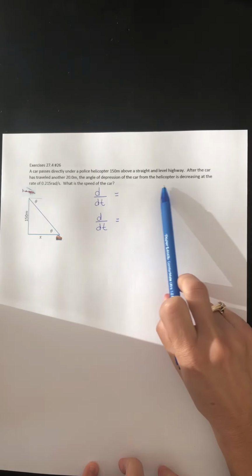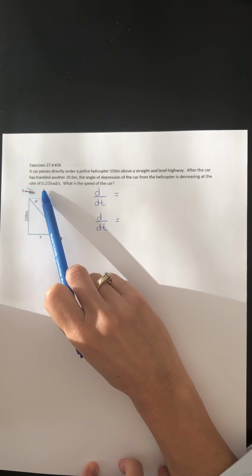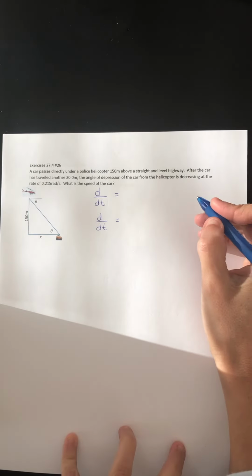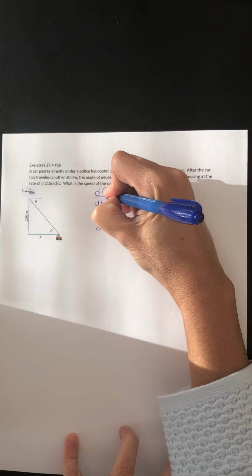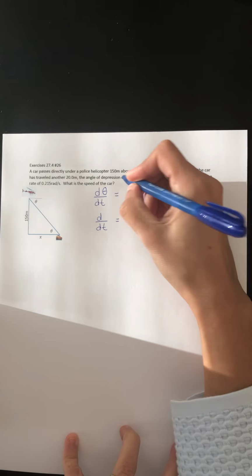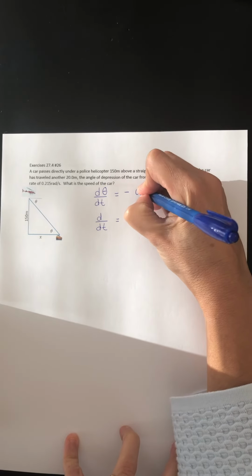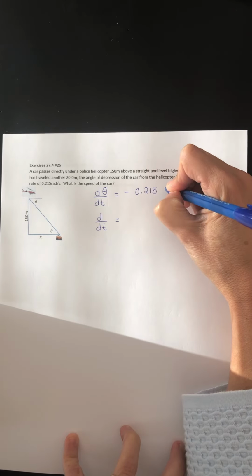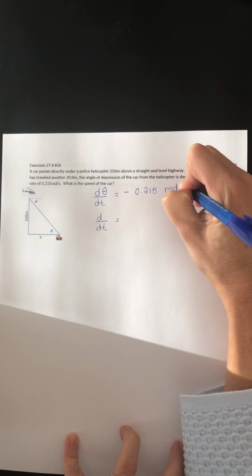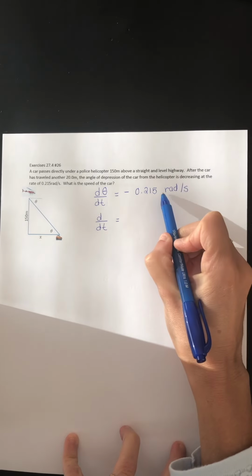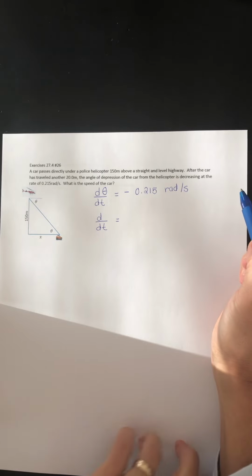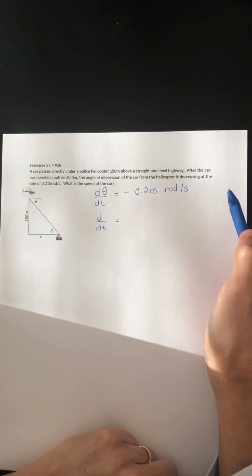The angle of depression is decreasing at 0.215 radians per second. So we are given d theta by dt, and it is negative because it is decreasing, 0.215 radians per second. Now, luckily, it's already in the correct unit, okay? So we don't need to worry about that.